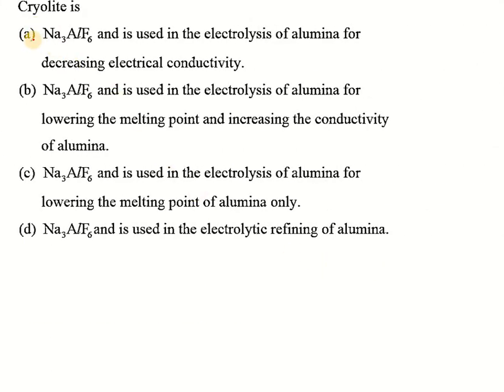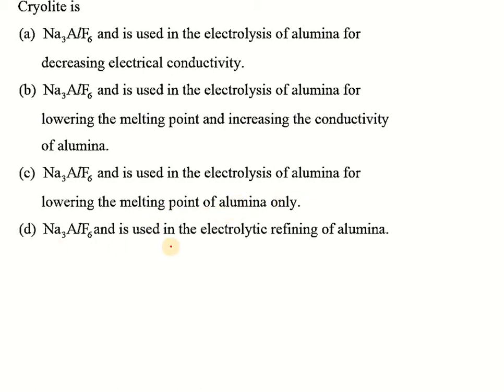Cryolite: you have to check the statements for the correct ones. Na3AlF6 is cryolite. Is it used in the electrolysis of alumina for decreasing electrical conductivity? Is it used for lowering the melting point and increasing the conductivity of alumina? Yes, cryolite is used in the electrolysis of alumina for lowering the melting point of alumina.